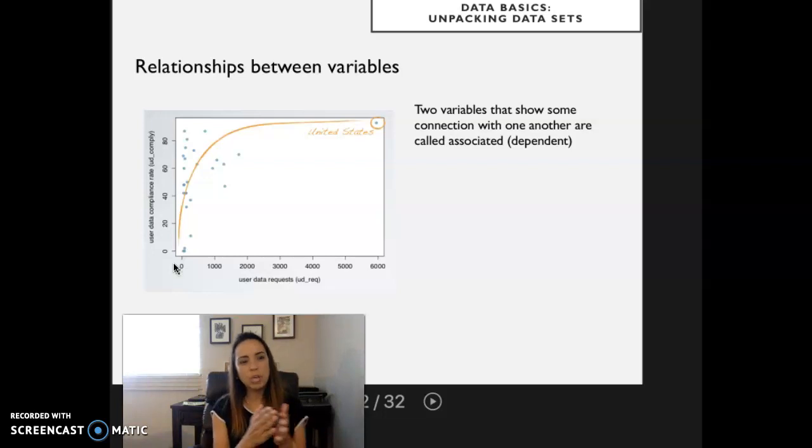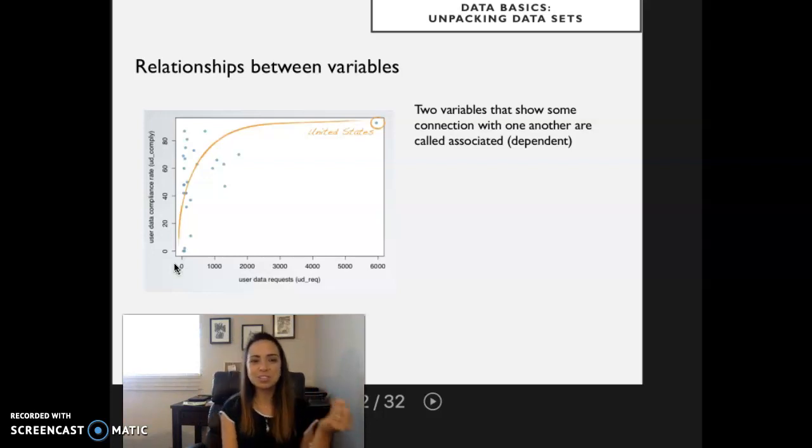When one changes, the other changes in a particular connected way. When two variables show some connection with one another, we call them associated variables. They show a dependency between each other. We also say that they are correlated variables.